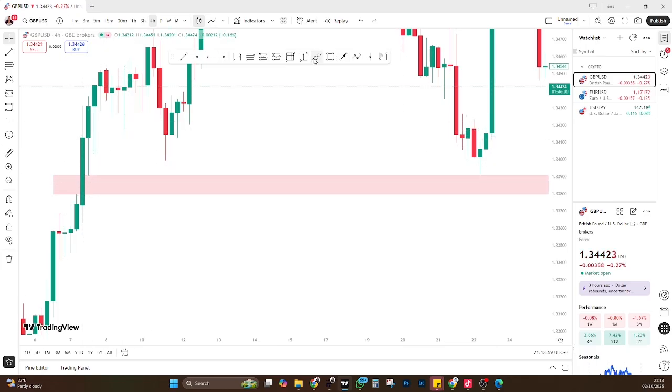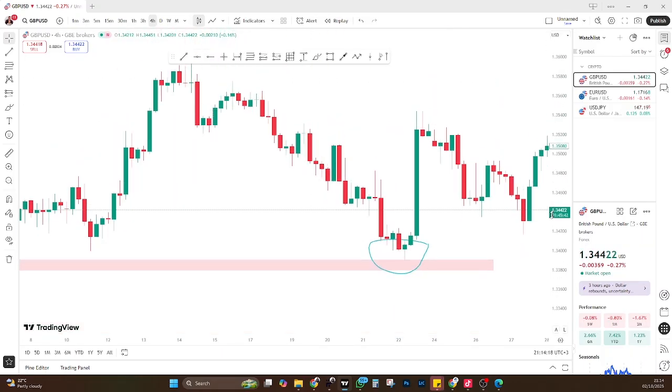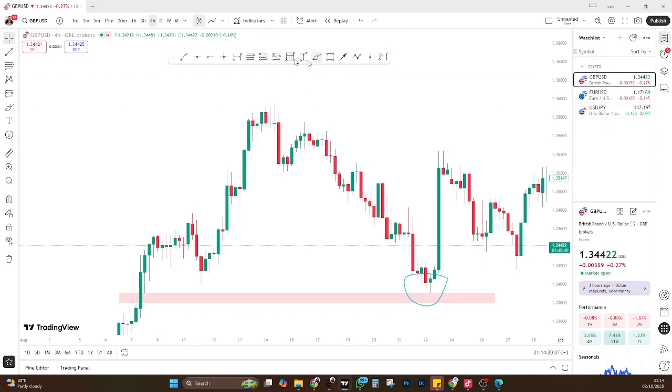What has been created here, never forget, this is liquidity. You see that? That is liquidity, this one. So a lot of people washawekelea nini zao hapa, and then what were they targeting? They were targeting this high.